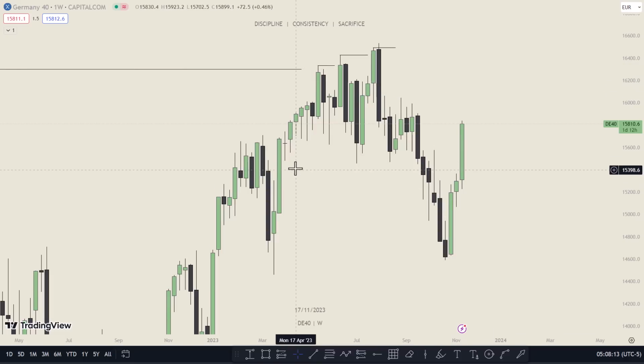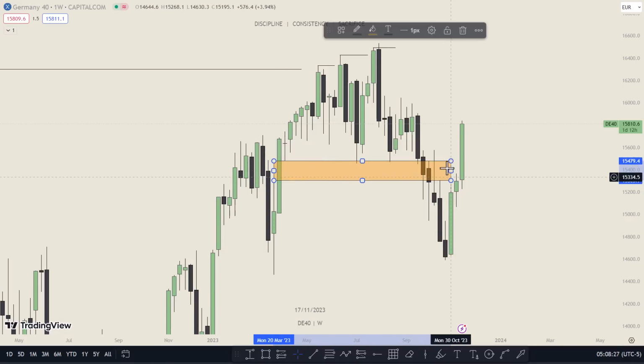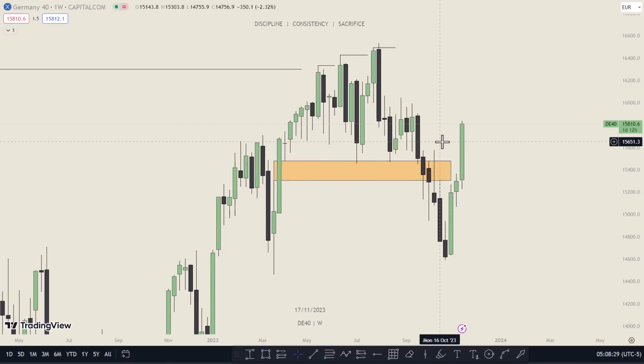So without this inverted fair value gap, we can favor one direction over another just by liquidity alone. Now the PD arrays will help us to confirm that and to position ourselves into trades, right? So we can find short positions from here and use the time frame alignment to go to here, all right, to take shorts.